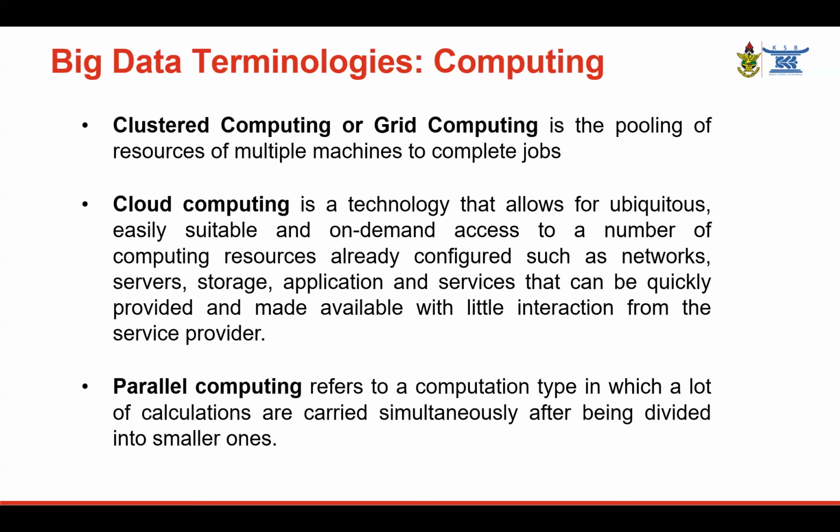Parallel computing is similar to cluster, but cluster doesn't need to execute the job at the same time. You distribute the job to them, and they may do it in different ways. But in parallel computing, everything is happening at virtually the same time, so that we can achieve the results very quickly and in a timely manner. So that's parallel computing.